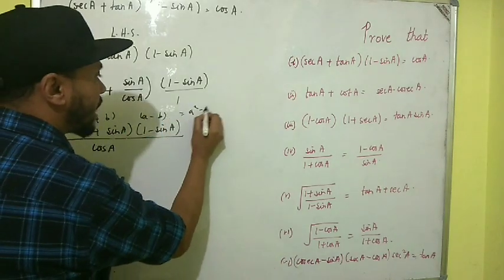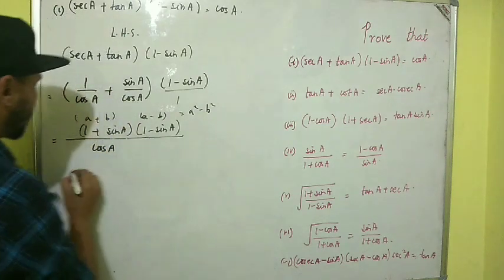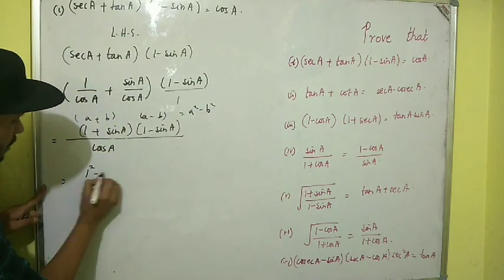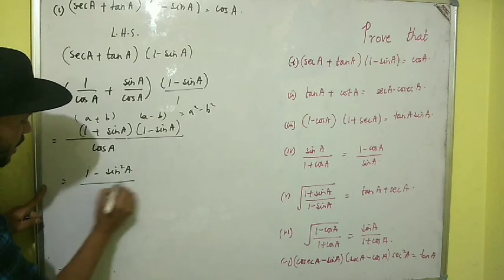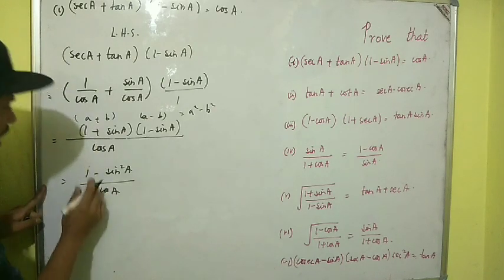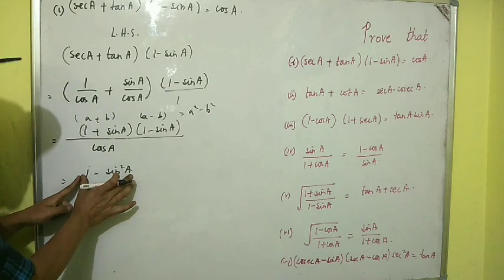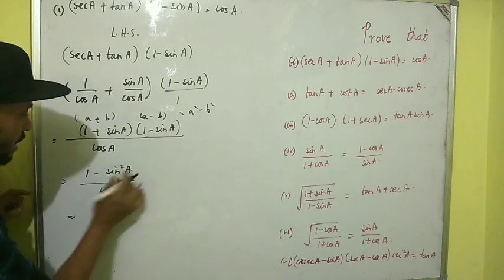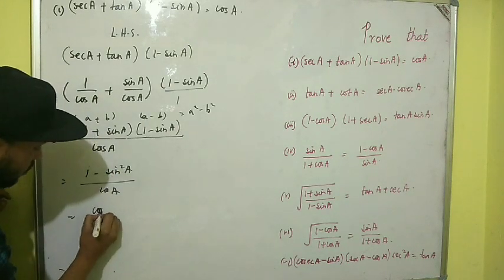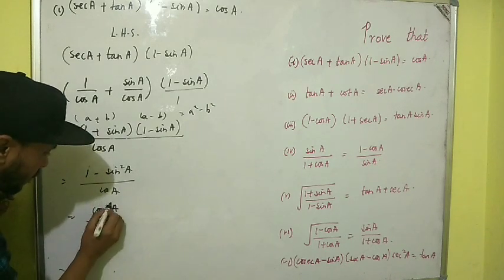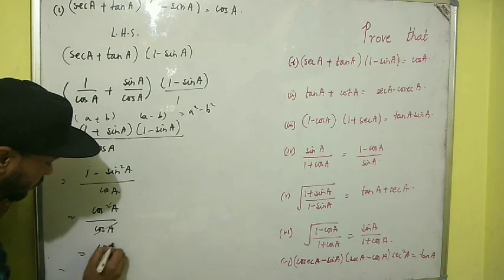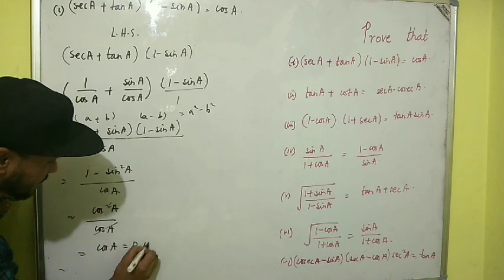It is a square minus b square, isn't it? So we'll use that formula. Now 1 squared is 1, no need to write the square. So 1 minus sin square a, can I convert this into cos? Yes. 1 minus sin square theta is cos square theta. Now one cos and one cos will get cancelled, which gives your right hand side.